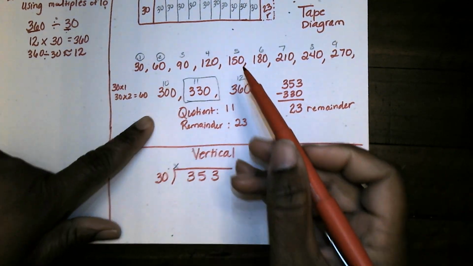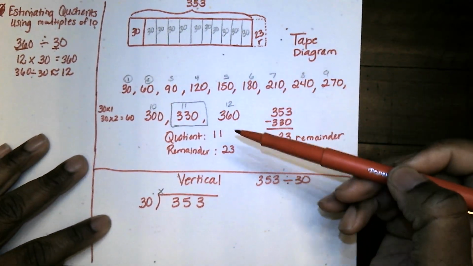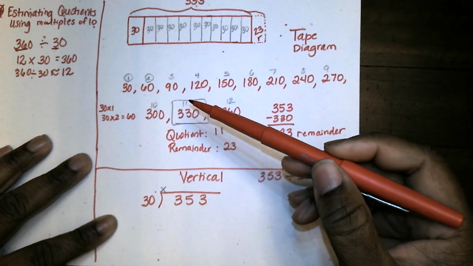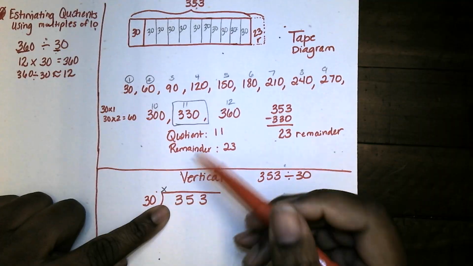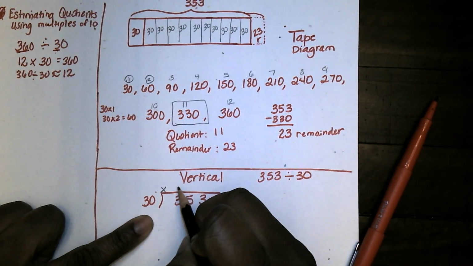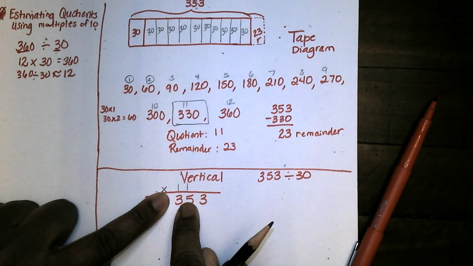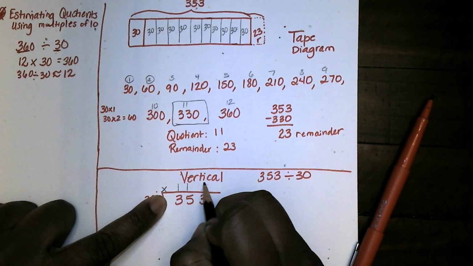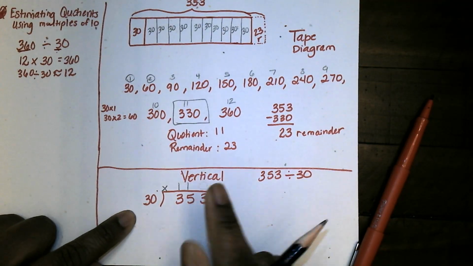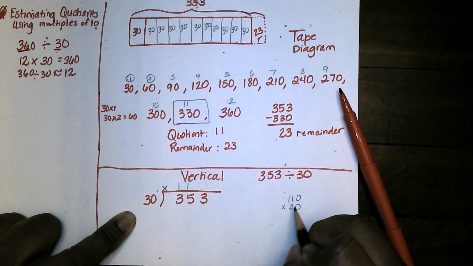And so this tape diagram is going to help us because we've already determined that we could get 11 full sets, all right, of 30. It matters where the numbers are. If I were to put 11 right here, that's going to change the value of it because essentially it's almost as if the 0 is on the end of that, which would make it 110 times 30.